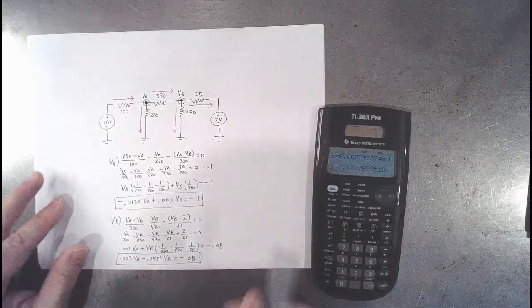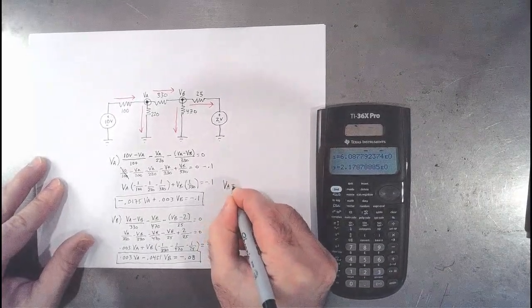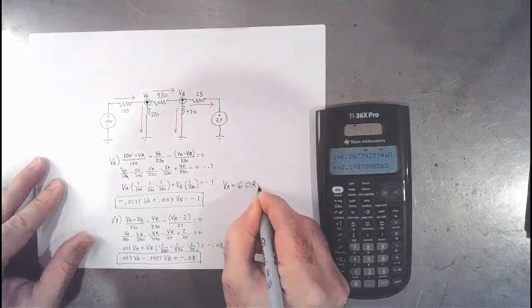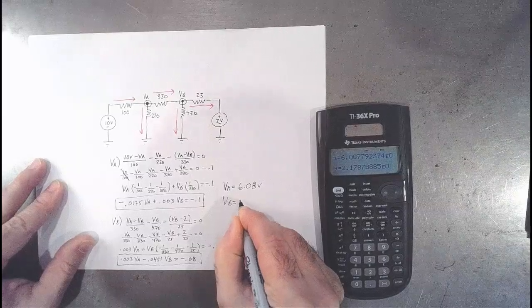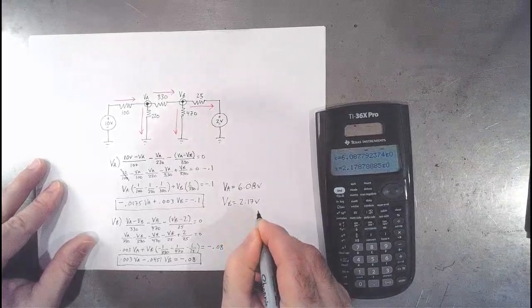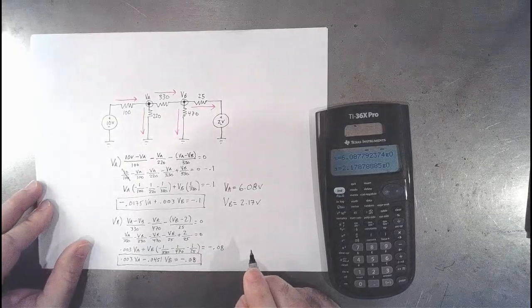So here's what it's telling me. It's telling me that VA is equal to 6.08 volts, and VB is equal to 2.17 volts. Is that believable? I do believe it is.